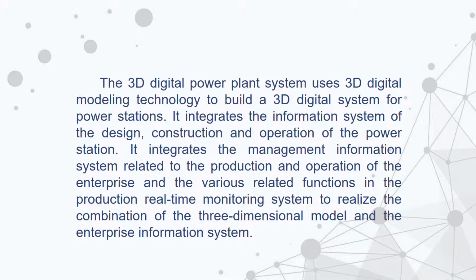It integrates the management information system related to the production and the operation of the enterprise and the various related functions in the production real-time monitoring system to realize the combination of the three-dimensional model and the enterprise information system.